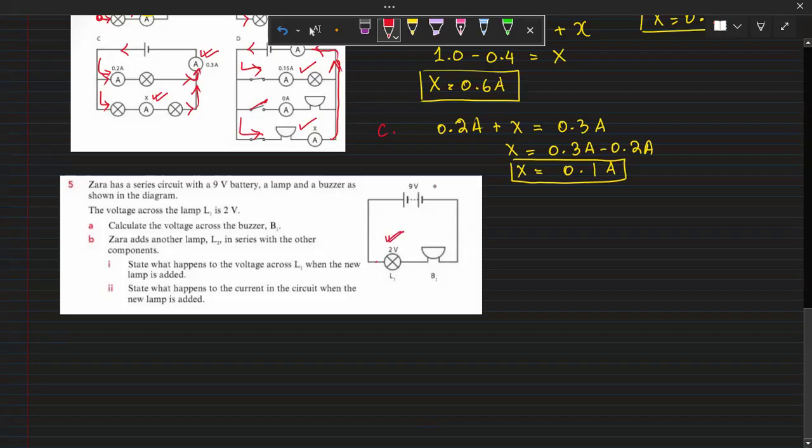That means if I connect a voltmeter across the lamp, the reading shown by the voltmeter will be 2 volt, okay? Now, I want to calculate the voltage across the buzzer.